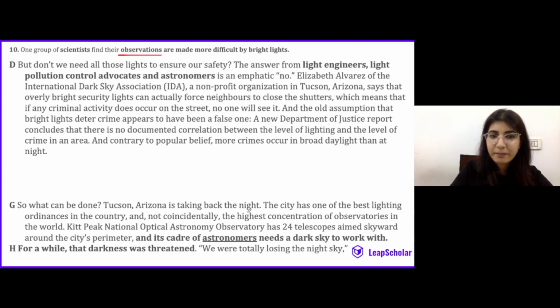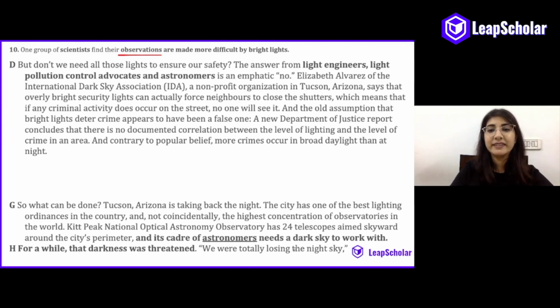The city has one of the best lighting ordinances in the country. Kitt Peak National Optical Astronomy Observatory has 24 telescopes aimed skyward around the city's perimeter, and its cadre of astronomers needs a dark sky to work with. For a while, that darkness was threatened. So, what do these scientists need?